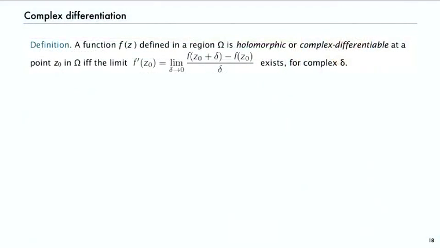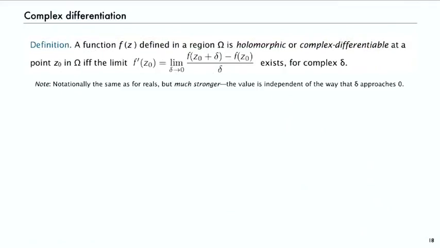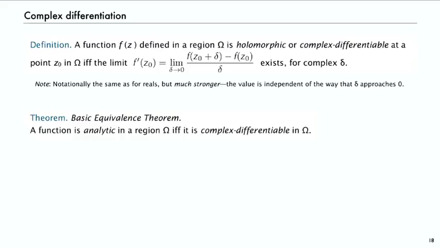Now this is the same notation as for reals, but it's a much stronger statement because the value is independent of the way that delta approaches 0. It's a complex number. It can come in from any direction. It's a much, much stronger concept, complex differentiability.